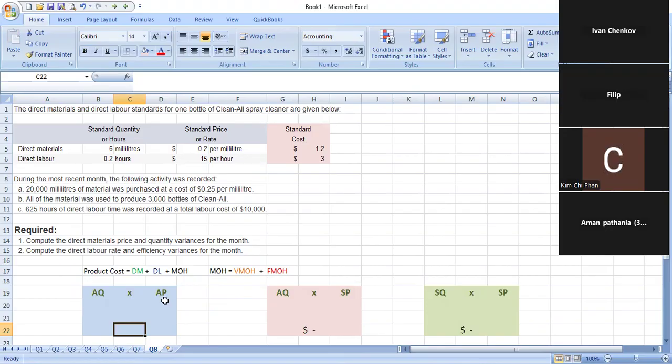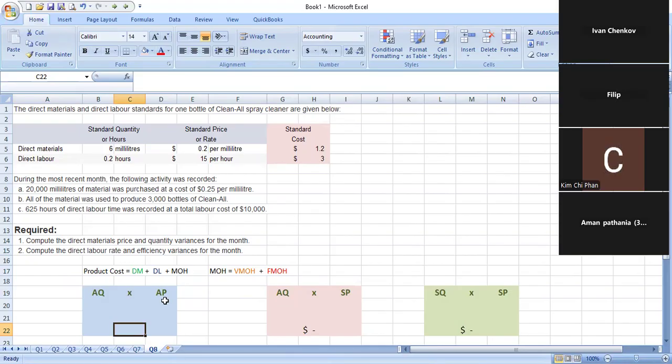So again, we don't have a difference between the purchase and usage. For the materials, be careful on that one. 625 hours of direct labor was recorded, at a total cost of 10,000. Compute the direct material price and quantity variance per month and compute the direct labor rate and efficiency variance per month.